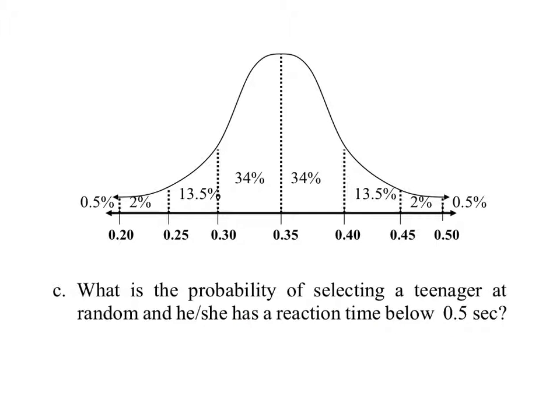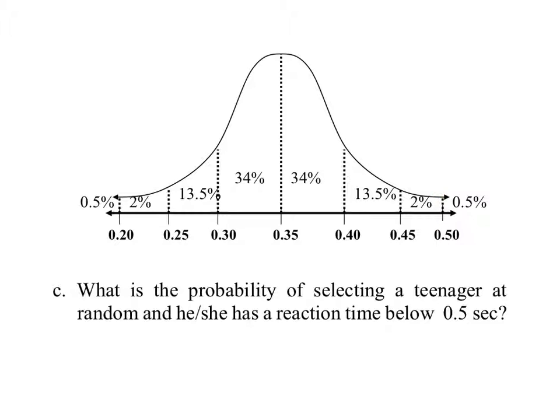The percents under the curve can also answer probability questions. So here the question is, what's the probability of selecting a teen at random that has a reaction time below 0.5 seconds, so below here. So finding this percent is also answering the probability question, the chances of selecting a teen and their reaction time being below.